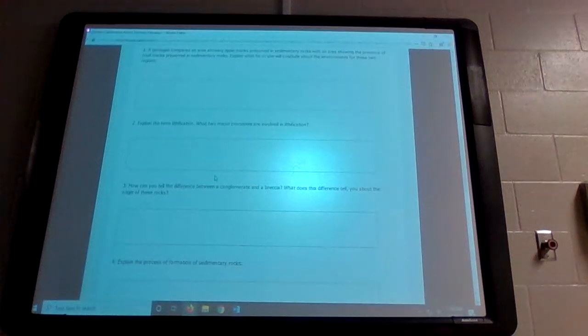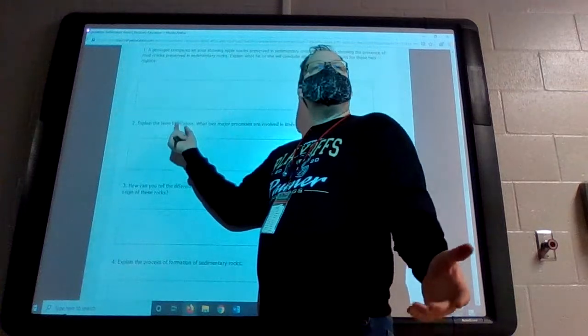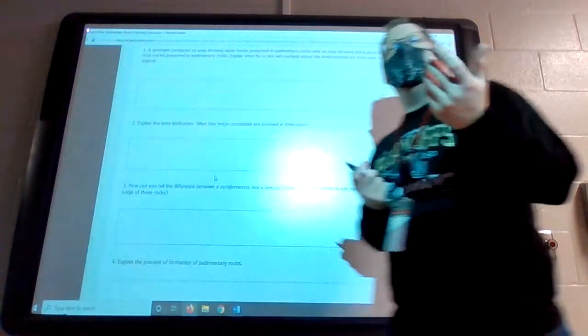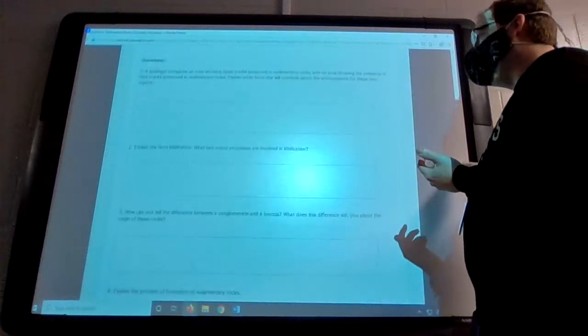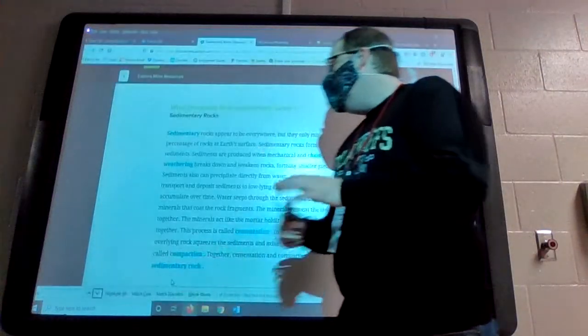So explain the term lithification. That's just the creating of a new sedimentary rock. Lithos means rock, and ification means I'm doing something. So you're basically creating a rock here. Lithification is the creation of the rock. What are the two major processes involved in lithification?